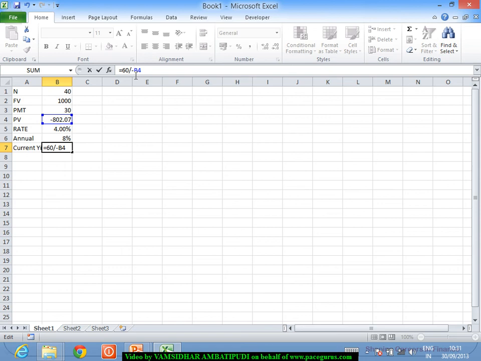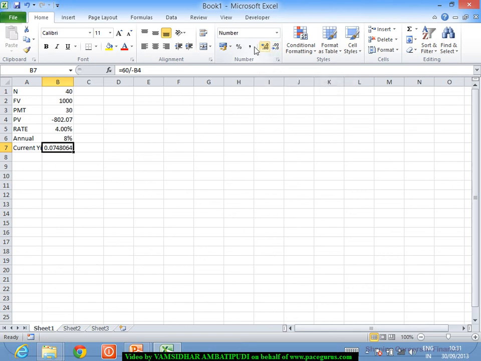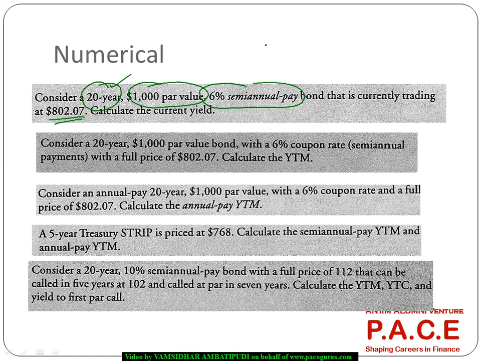So this is the current market price. So overall it is saying the current yield for the bond is around 7.4%, only for this particular year. Whatever is the yield for this year, it is going to be around 7.48, right? Okay.